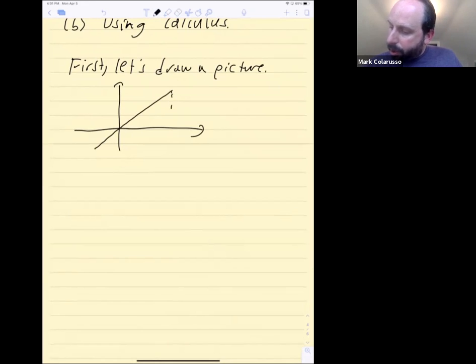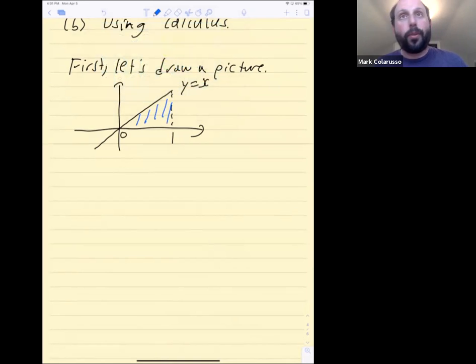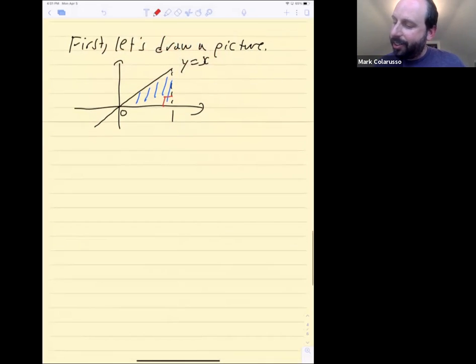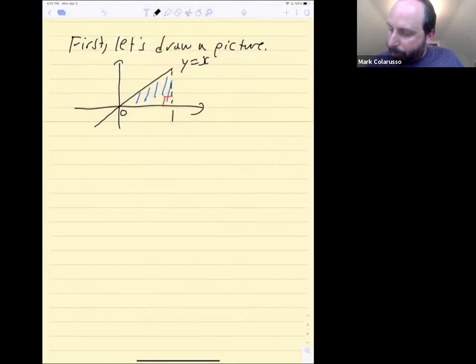So you'd have here the curve y equals x. This is a straight line. And what we're asked is to find the area under this curve between 0 and 1. That's just the area of this right angle triangle, shaded in blue. And the dimensions of the triangle are clear. The base is length 1 and the perpendicular height is also 1.